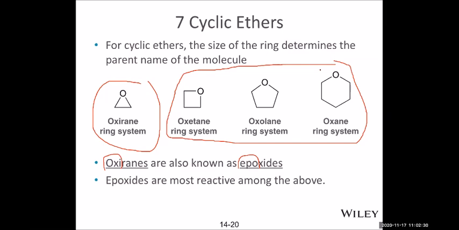That's pretty much the only reaction they will undergo. The 3 carbon ring has very high stress in the ring structure, so it is much more reactive. We call them epoxides, and they are more reactive because of stress in the ring.